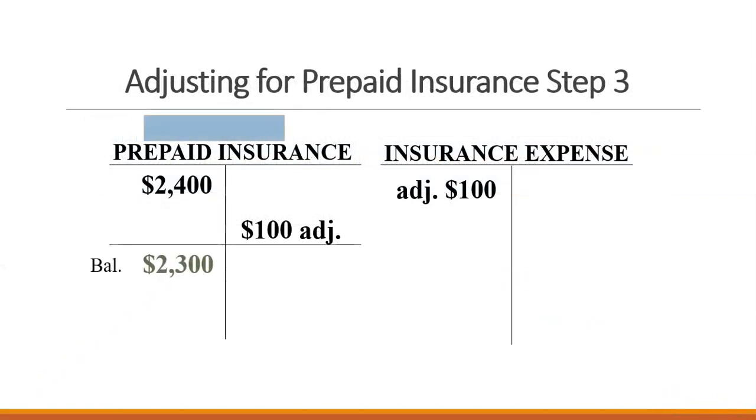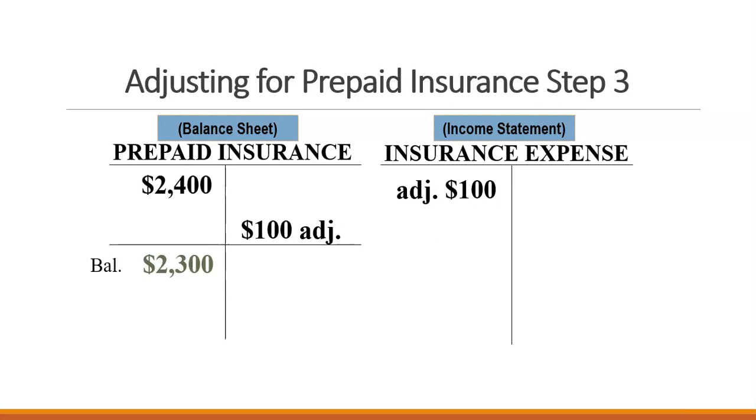So now we have a balance of $2,300 in prepaid insurance, and we have an insurance expense of $100. Now, our balance sheet, when we prepare it for the year ending December 31st, we will show a balance in prepaid insurance of $2,300.